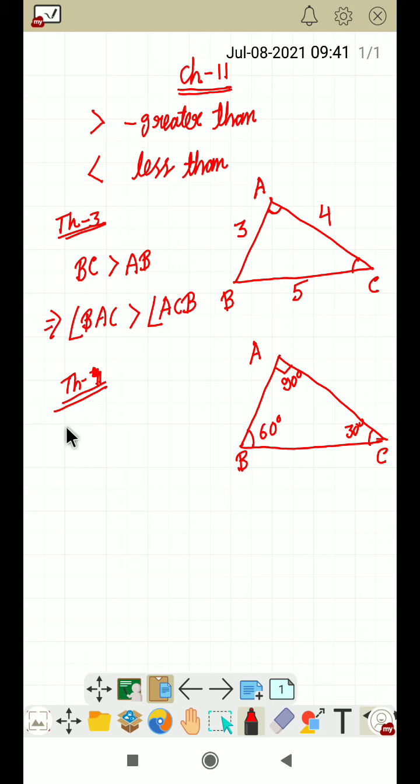That means if angle A is greater than angle ABC, then the opposite side of this angle, that is BC, is greater than the opposite side of this angle, that is AC.